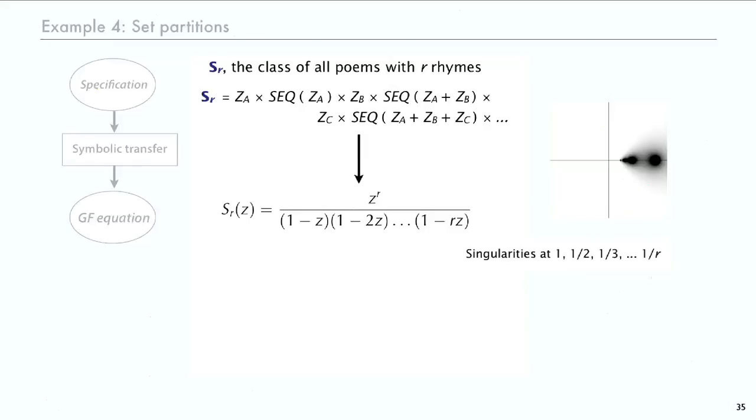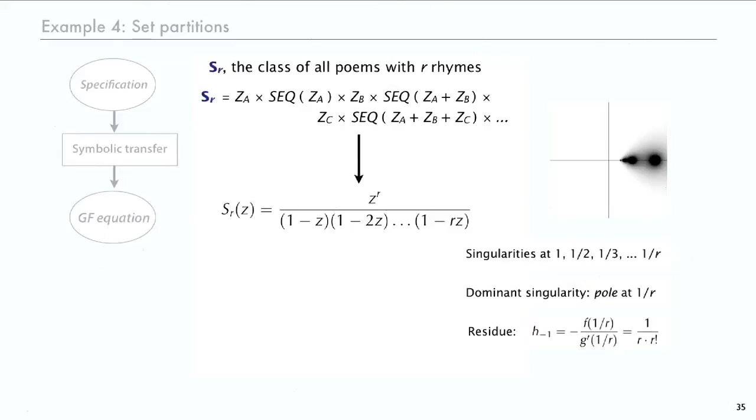And so now we just again go through the procedure. 1 over R is the pole closest to the origin. So that's going to give us the exponential growth, which is going to be R to the n, the inverse of that.